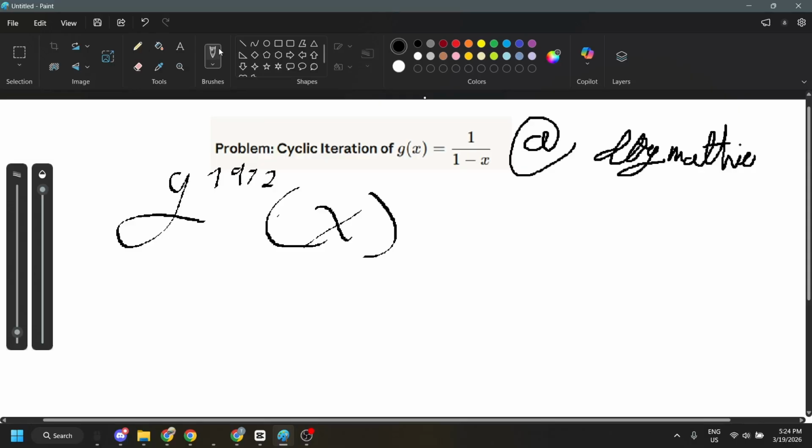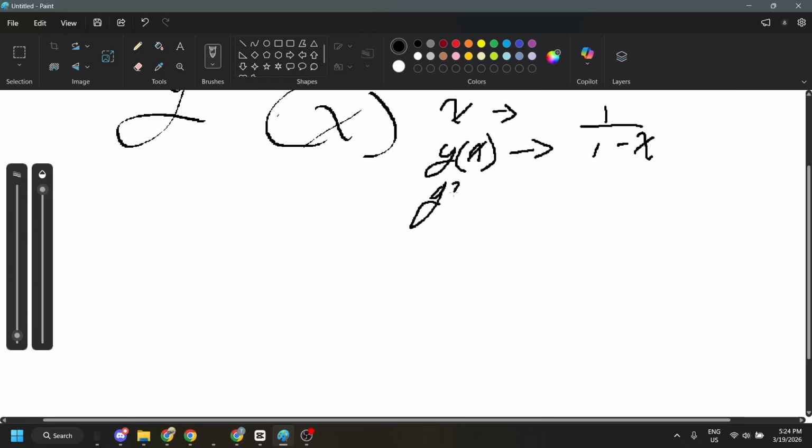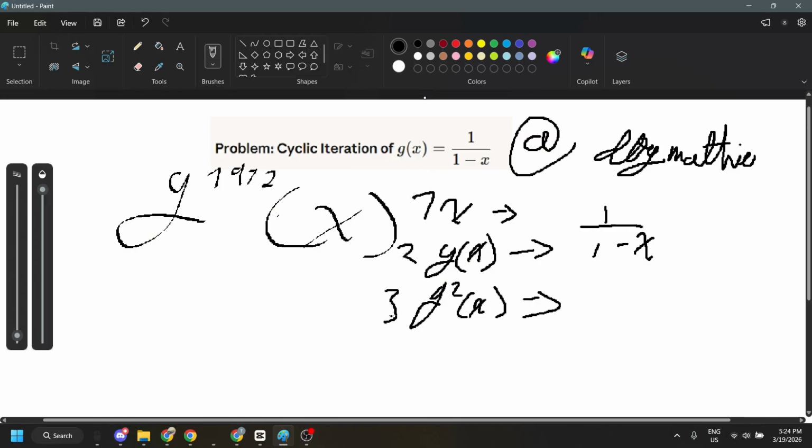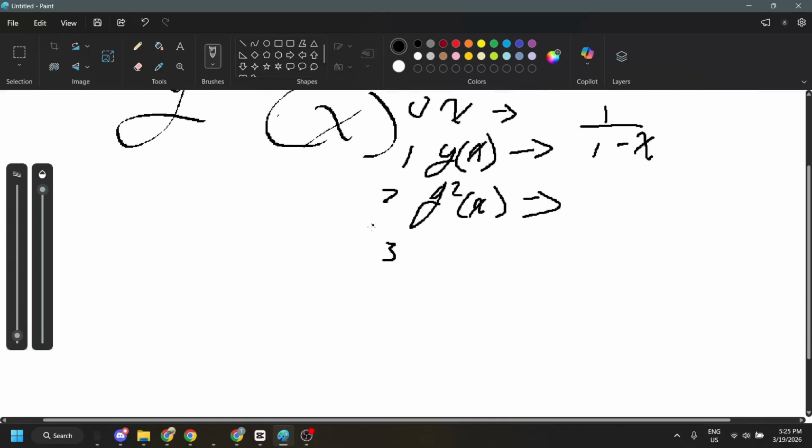So before we determined that if we start with x, we go to x. If we have g1, we go to 1 over 1 minus x. If we have g2, we go to, so this is 0, 1, 2, 3, we're going to have 1 over 1 minus 1 over 1 minus, wait, let me just put a number in.